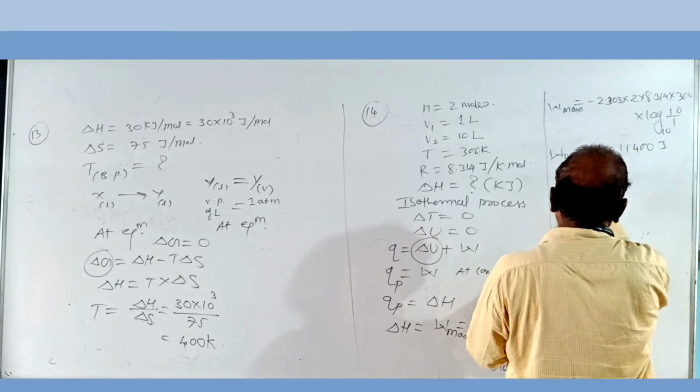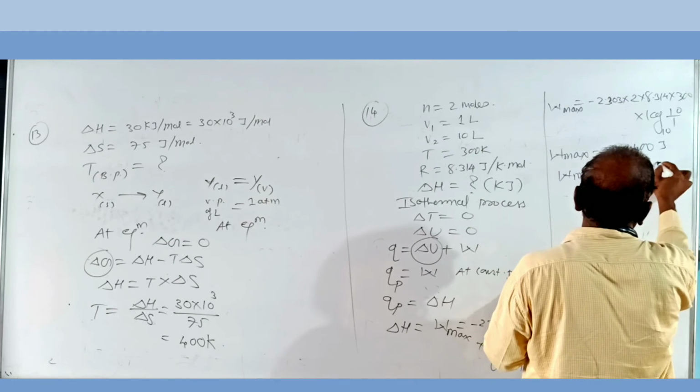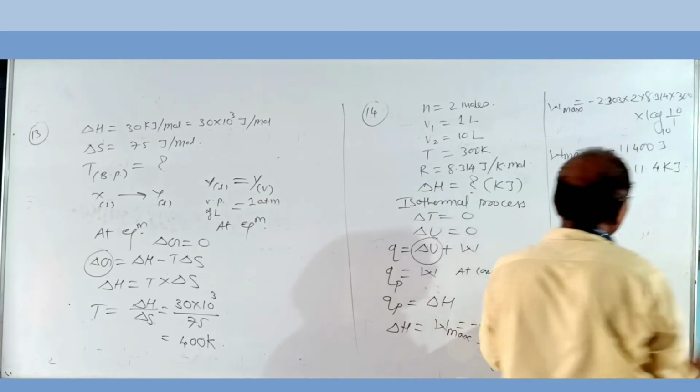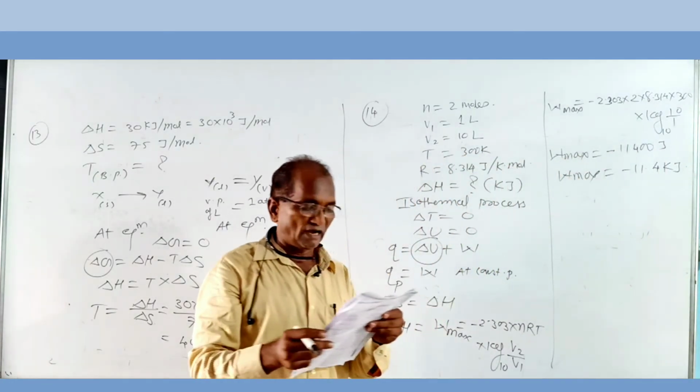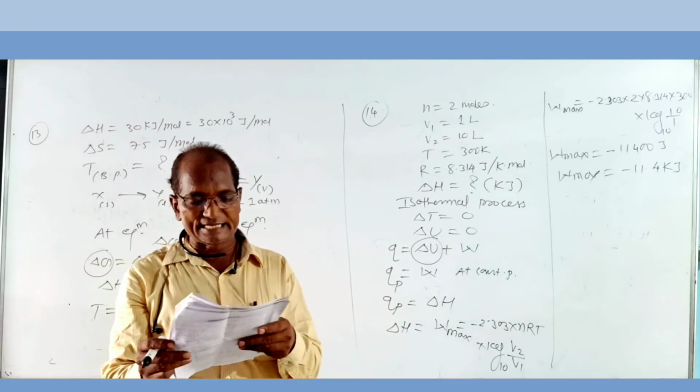Our W max is equal to minus 11.4 kilojoule. This is our correct answer, that is B.